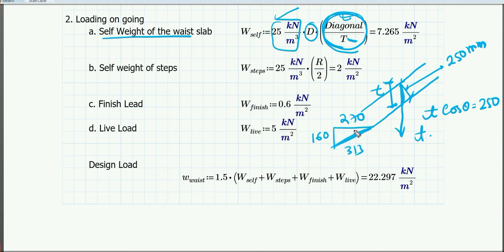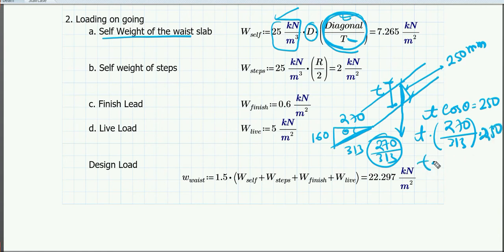So what is the cos theta over here? This is the theta here. Base by hypotenuse, so base is 270 by 313, this is the cos theta value. So if I put this value here, 270 by 313 is equal to 250, right?